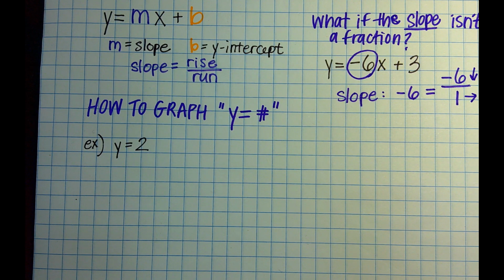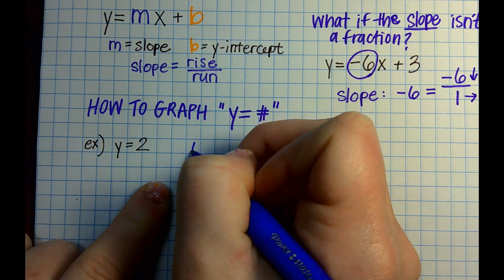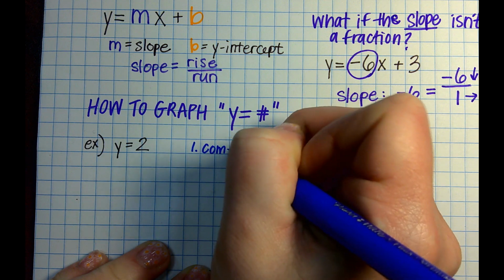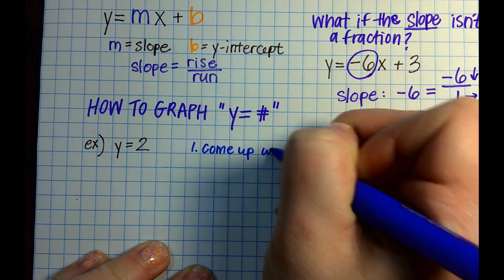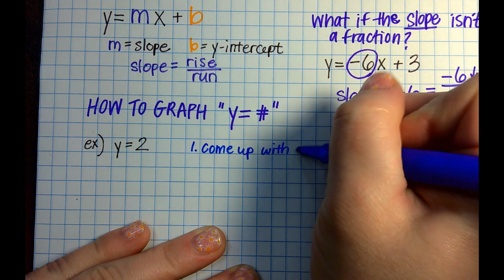The steps I would suggest taking are these. I would say, instead of trying to plot the points first, let's work backwards and start with the coordinates. So I'm going to say step 1. Come up with at least 2 coordinates.